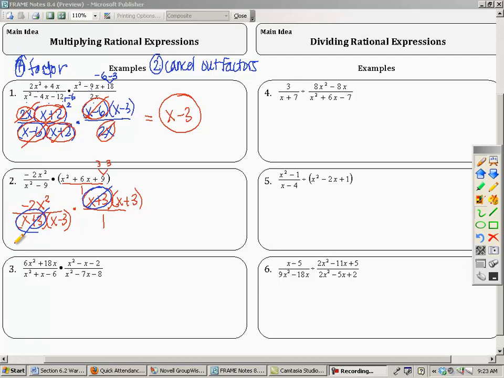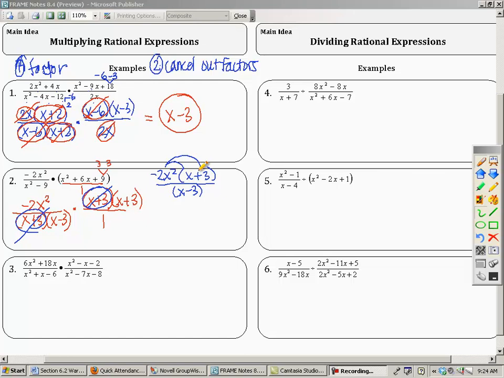Now I look at, okay, nothing else can cancel, so I look at what's left. Well, I have a negative 2x squared and an x plus 3 in my numerator, and I have an x minus 3 in my denominator. Now, your book would like you to distribute this back out so that it's one single fraction again.